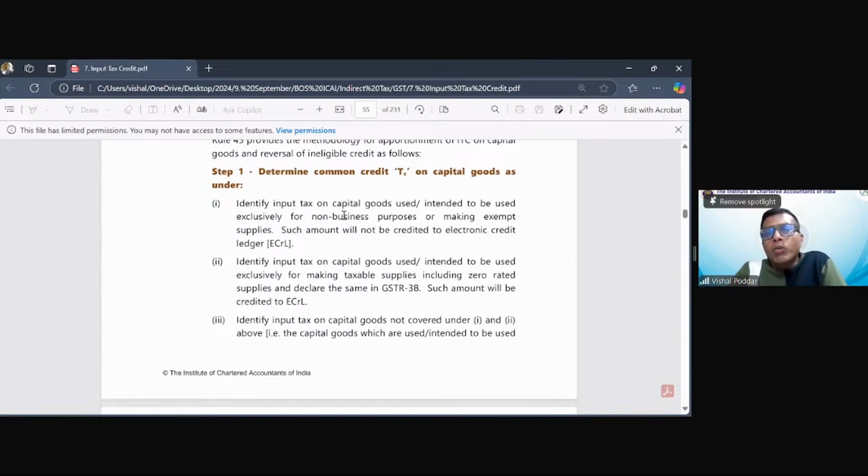Now, find out those capital goods which are used exclusively for non-business purpose or exclusively for making outward supplies which are exempt. So let us say out of these machines, I'm using few machines which are exclusively working on my product Y, which is exempt. Now, since that particular Y is exempt, whatever machines I'm using for Y, the ITC of those machines are not eligible.